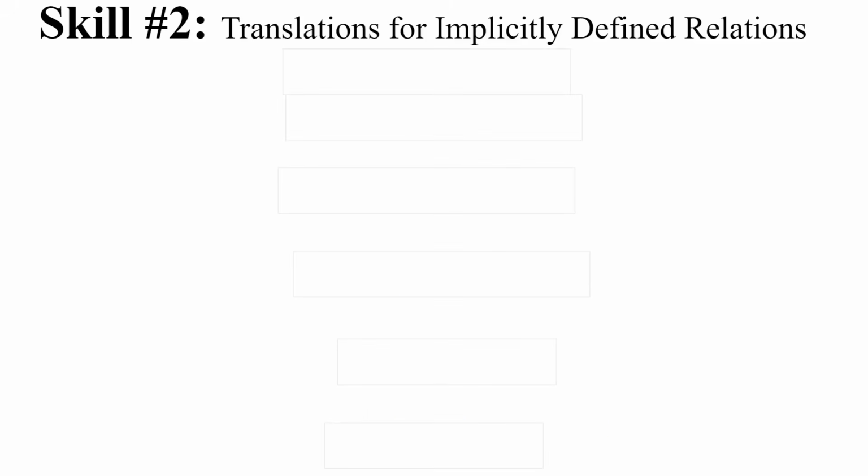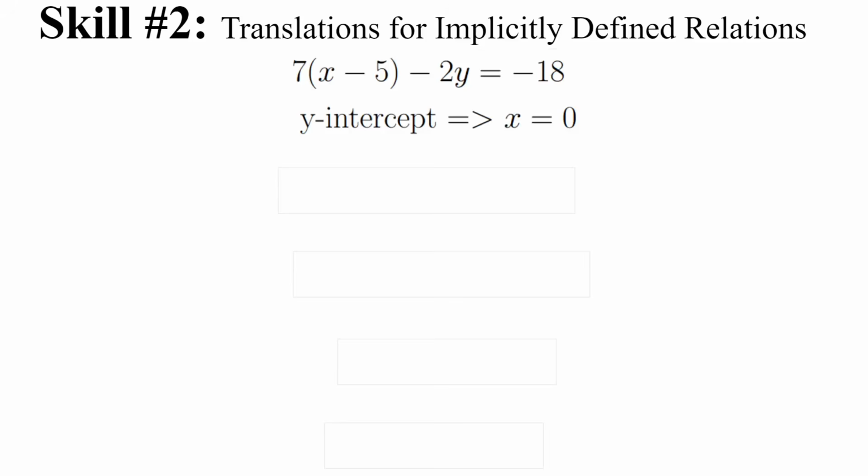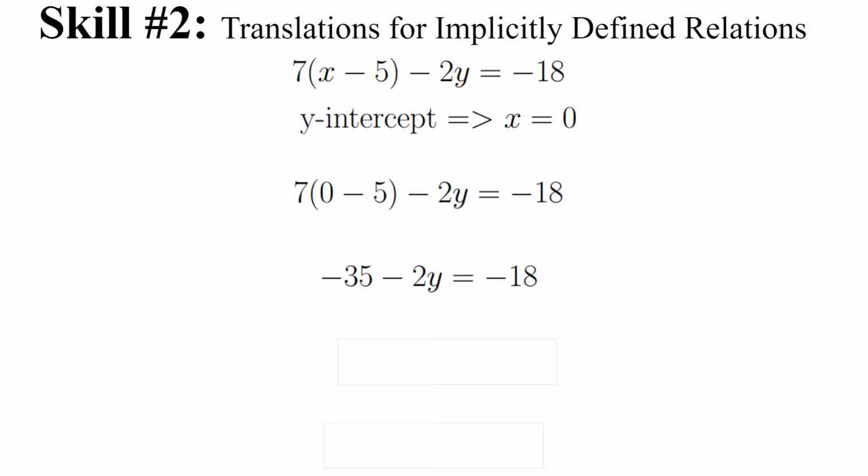Now we're going to go and find the y-intercept. So to do that, we're going to plug in x equals 0. And we get 7 times (0 minus 5). That should be negative 35. Now we're going to add 35 to both sides, and we get negative 2y equals 17. And now we're going to divide both sides by negative 2. And we get negative 17 over 2, or negative 8.5. And that would be our answer.